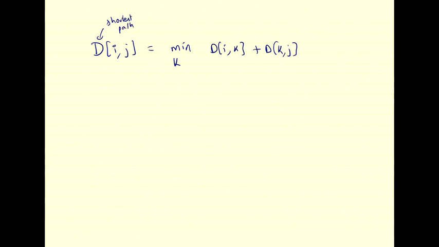So for the shortest path problem, look at the following recursive relation: d(i, j) is the minimum over all vertices k of d(i, k) plus d(k, j), where d is the length of the shortest path. Okay, minimum over all vertices k. This is a legit recurrence relation. It's true. As a theorem, it's true.